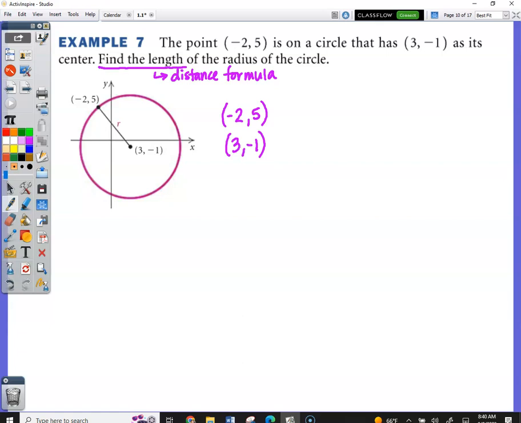It helps if you stack your points, because then you can see your x coordinates and your y coordinates. So when you go to write the distance, which by the way, this is r. So when I write r equals, it's because I'm finding the length of the radius. Square root. Remember the formula is subtract the x's, square, add, subtract the y's, square.